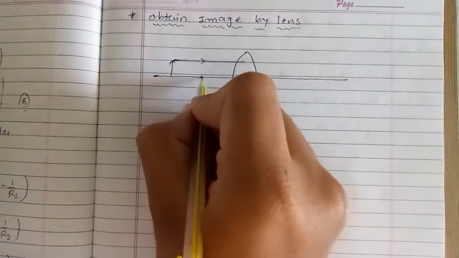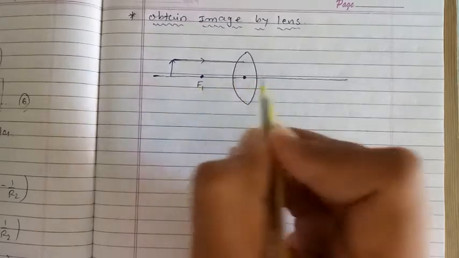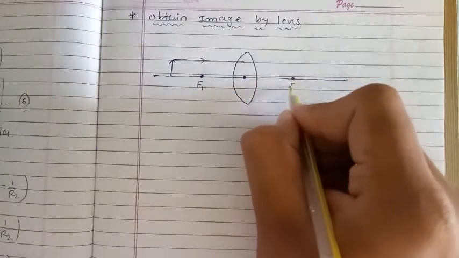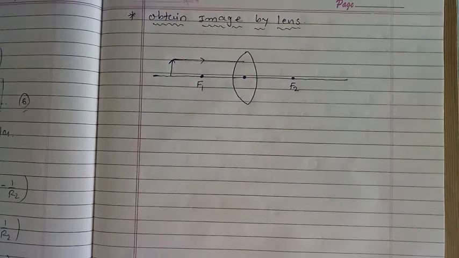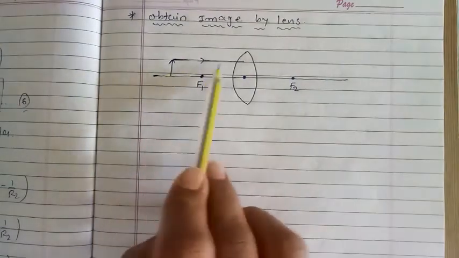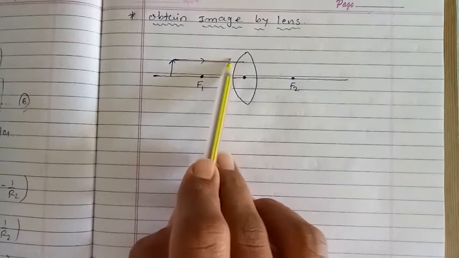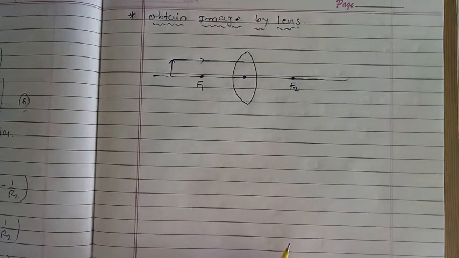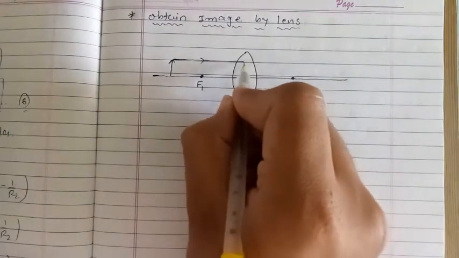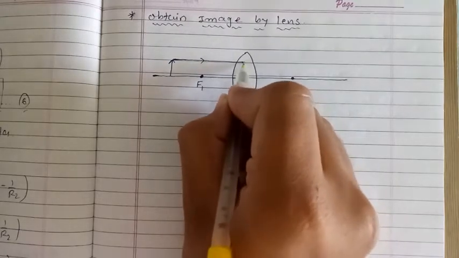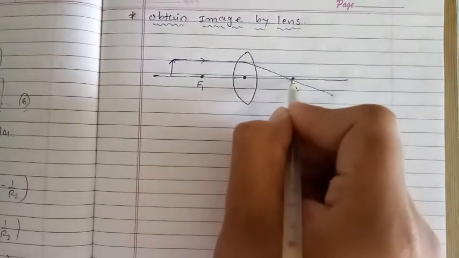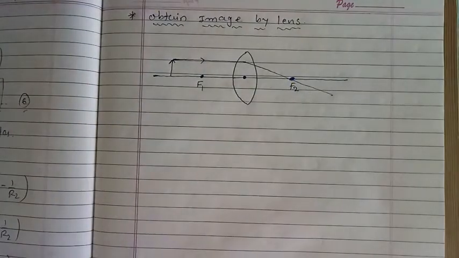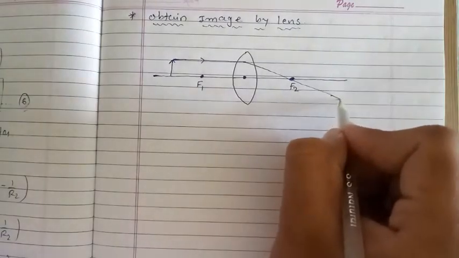Here this is our principal focus f1 and this is our principal focus f2, right? Now, if the ray is parallel to the principal axis, then after refraction the ray passes through the second principal focus in a convex lens, like this. So the ray passes like this, right?